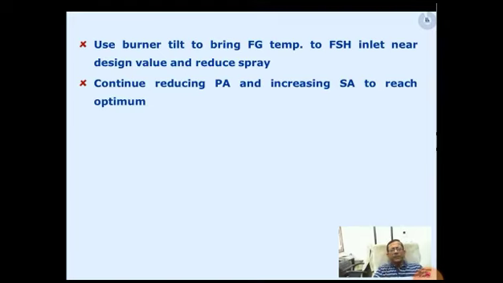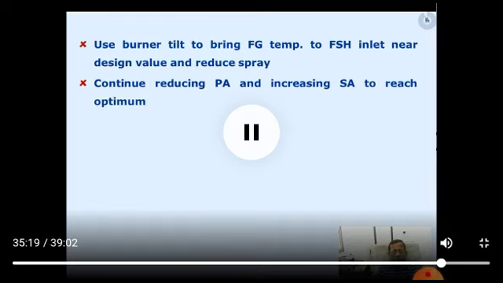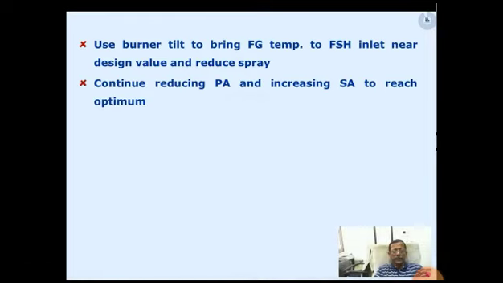Now when we understand that we have reached the optimum condition, we are not changing the total air. Now if I am changing the condition and my O2 is reduced, what does it indicate? It indicates I am utilizing the air more, because the O2 which we measure at APH inlet is the unused O2 basically, which is going to the APH inlet, right?